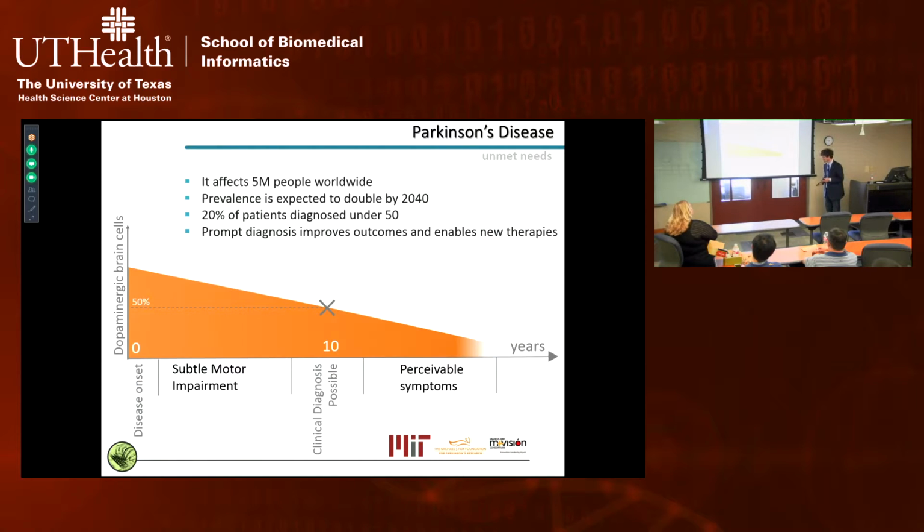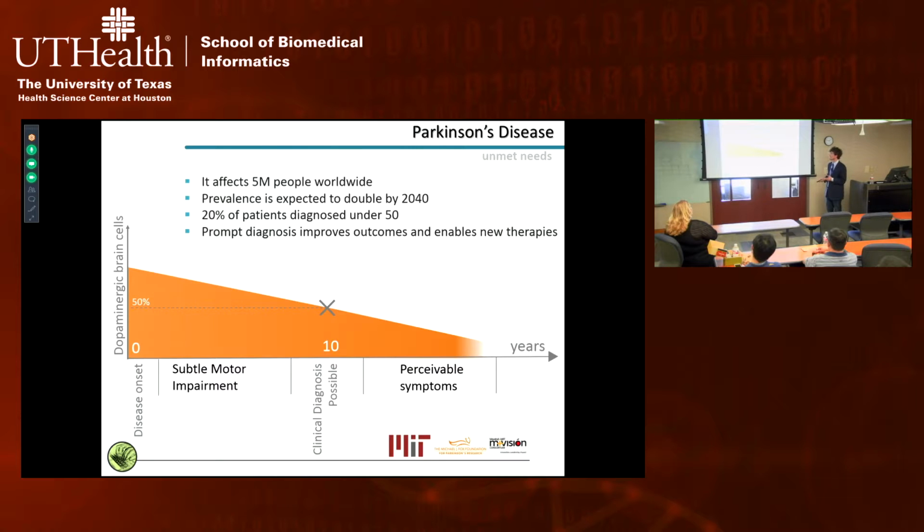So we want to exploit that to push these diagnoses as early as possible, to enable new neuroprotective treatments, but also to find a way of improving the outcome for patients who have been diagnosed.